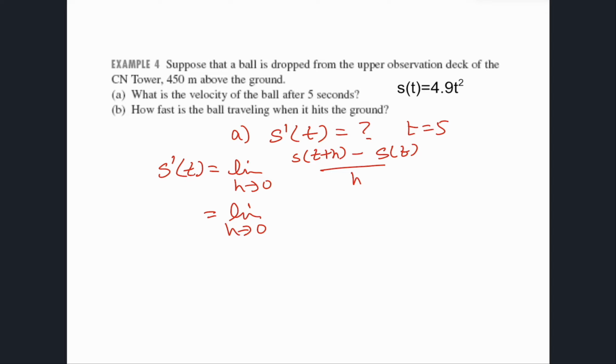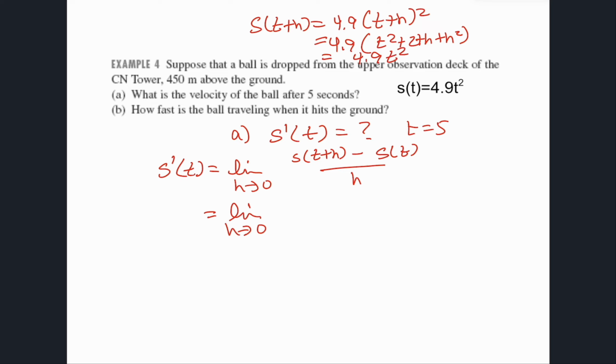Now if we put t plus h right here, s of t plus h is just 4.9 times t plus h squared, which is 4.9 t squared plus 9.8 th plus 4.9 h squared.